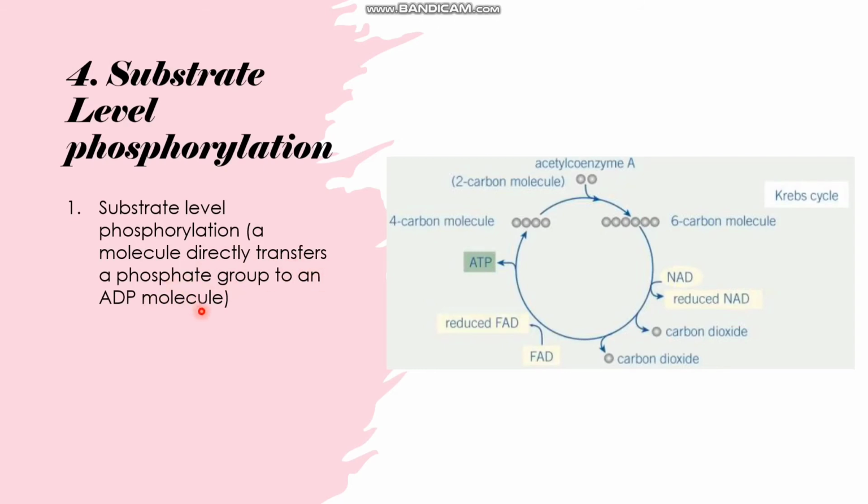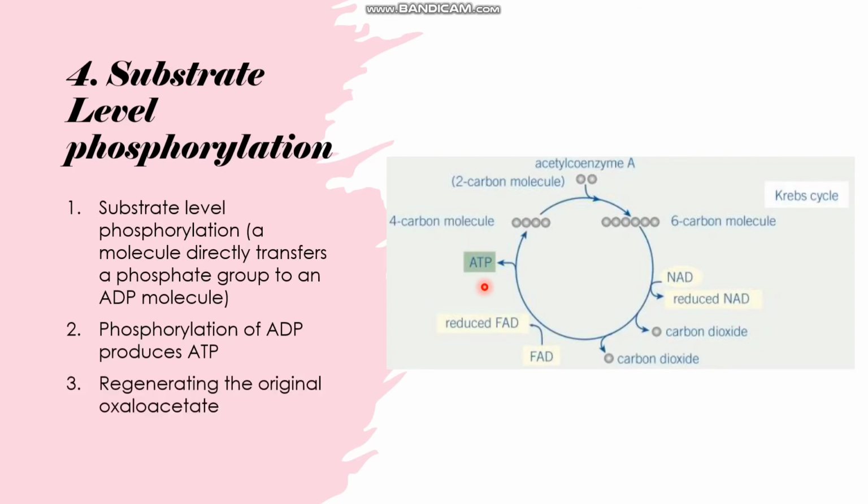So another molecule gives up its phosphate group to an ADP. The phosphorylation of our ADP produces ATP, because ADP plus a phosphate is ATP. So via substrate level phosphorylation, our ADP is phosphorylated to form an ATP molecule.